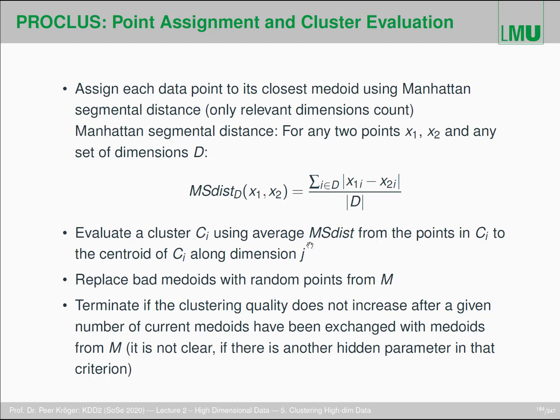That is the usual thing you do, and you replace bad medoids with random points from M. So medoids that have a large average Manhattan segmental distance, which means they are not compact and the spread is too large, you replace them with random points from M. And the whole thing terminates if the clustering quality does not increase after a given number of current medoids have been exchanged.